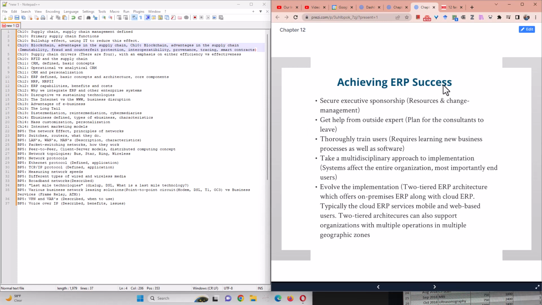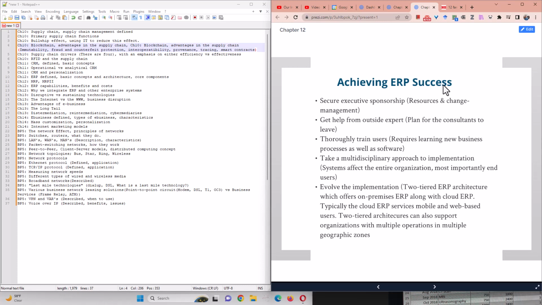Some general guidelines for successful implementation of an ERP system are things that you would associate with any kind of large project in a business. You need to secure executive sponsorship because evolving your digital nervous system, there's a lot of change involved.